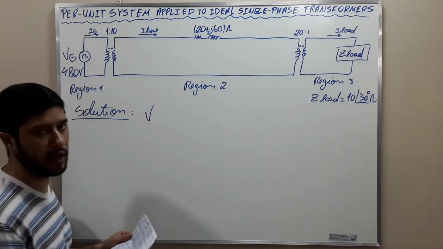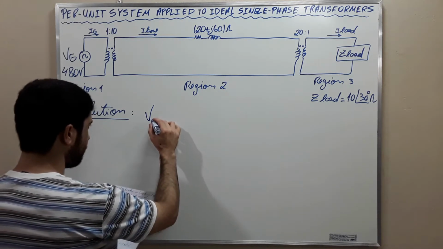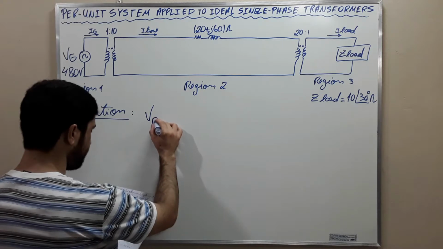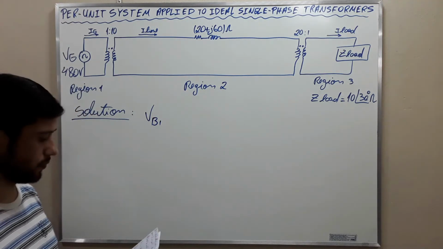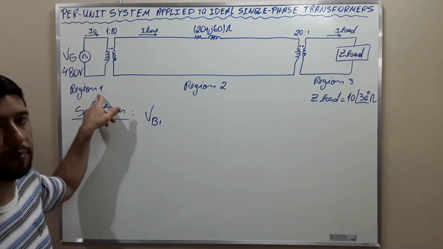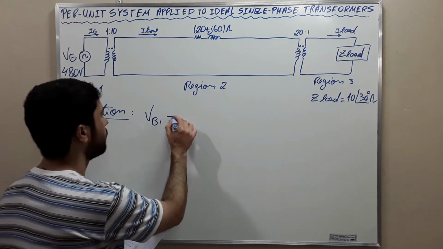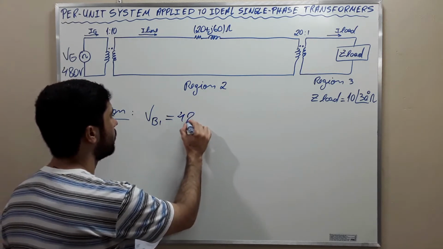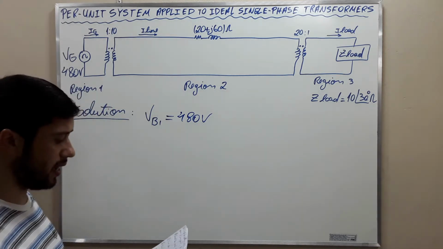The base value of the voltage, I'm calling it VB1 because we're talking about region 1, as the exercise said, is 480 volts.